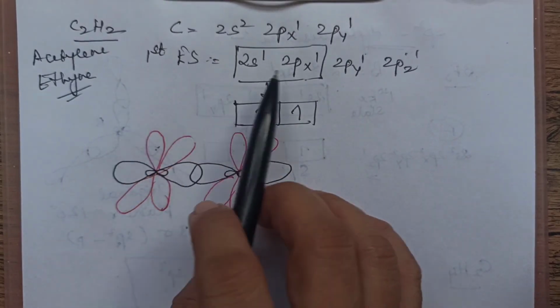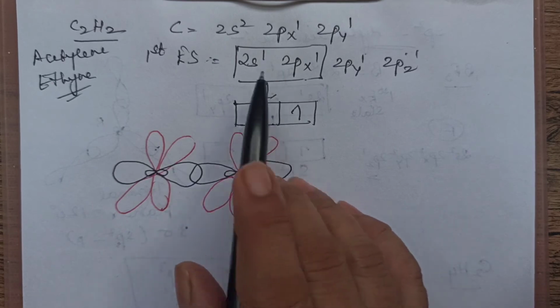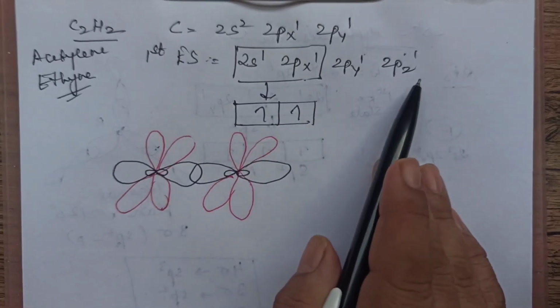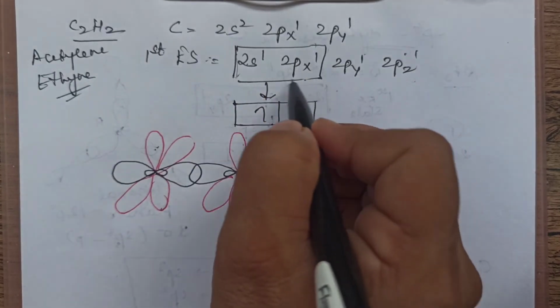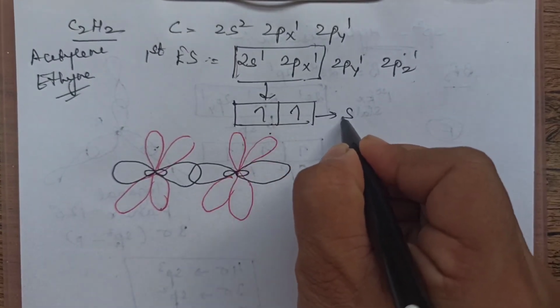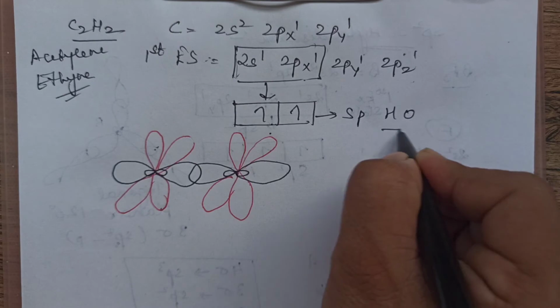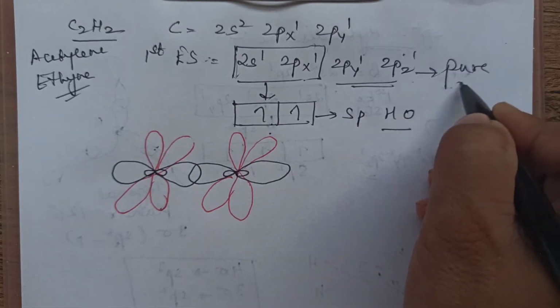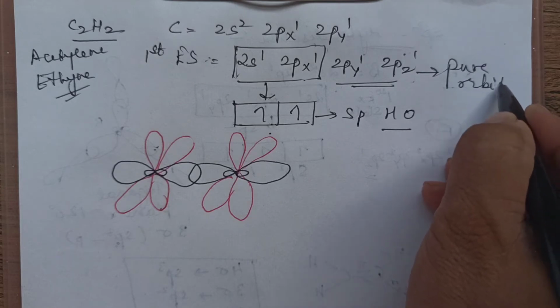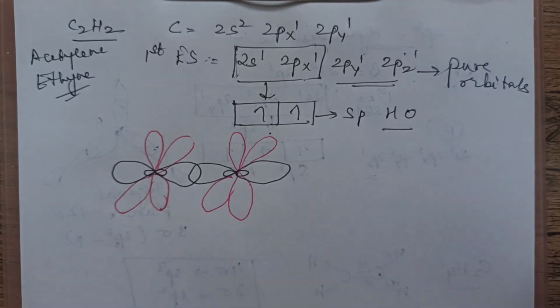We will consider the first excited state. So the first excited state means this will be the configuration, and s and p will undergo hybridization forming 2 sp hybrid orbitals and 2 remain pure orbitals. Those 2 pure orbitals will form pi bonds. That means there will be 2 pi bonds formed between the 2 carbon atoms.